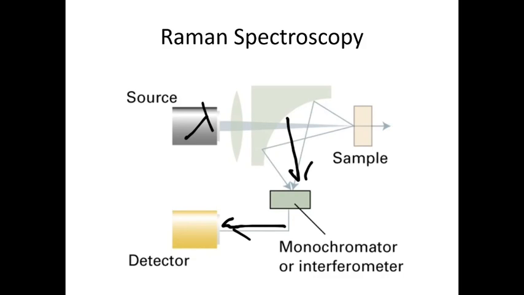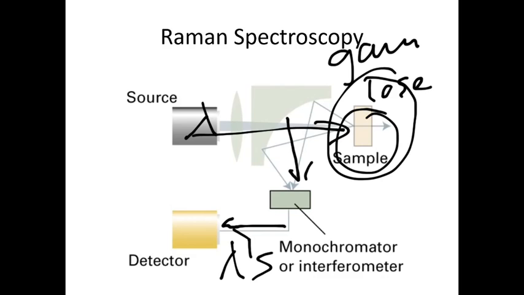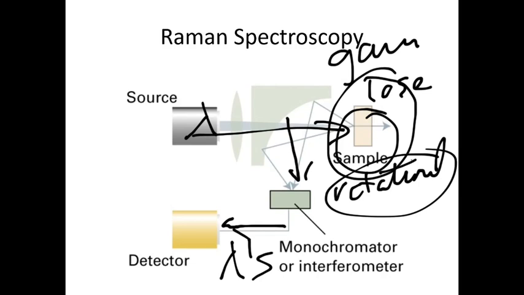So one wavelength comes in, but many wavelengths come out, because the energy that goes in interacts with our sample to gain or lose energy based on the sample gaining or losing rotational energy. If the sample gains rotational energy, the light will lose energy.